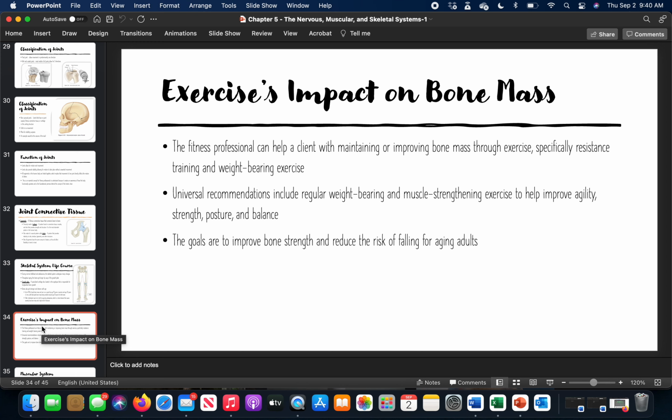Then as an older adult into your senior living, we can decrease the risk of falls and therefore make them less prone to fractures or other styles of breaks, but particularly fractures. But with fractures, it doesn't just injure the bone, it injures blood vessels and nerves, which can also have a massive impact on a person's health.